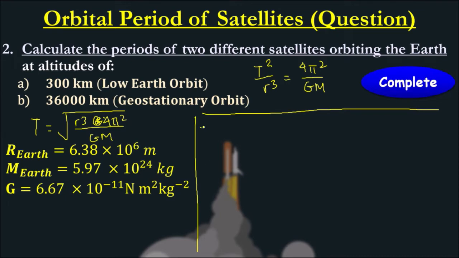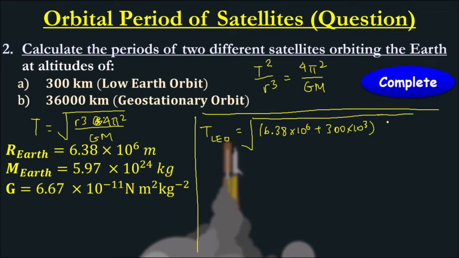So let's go for the low Earth orbit, or LEO. We have the orbital radius plus the actual altitude in which the low Earth orbit is, times 4 pi squared, divided by the gravitational constant times the mass of Earth.